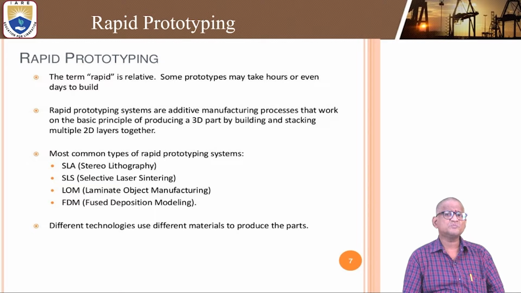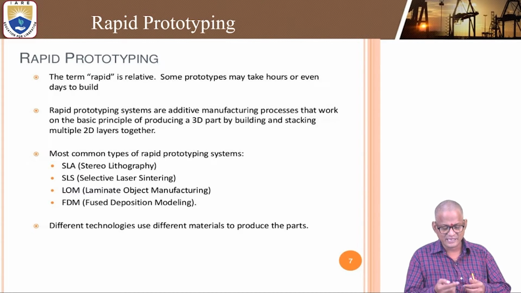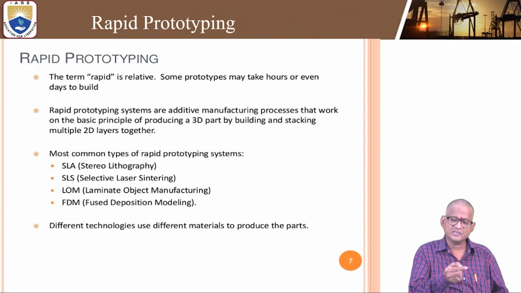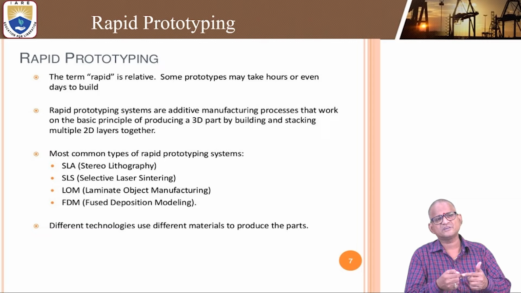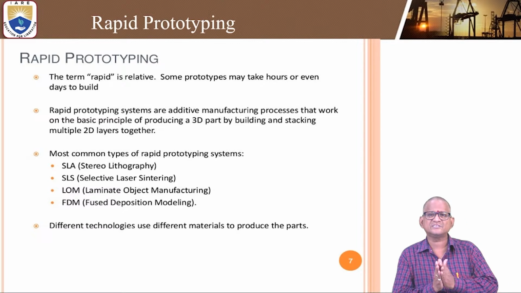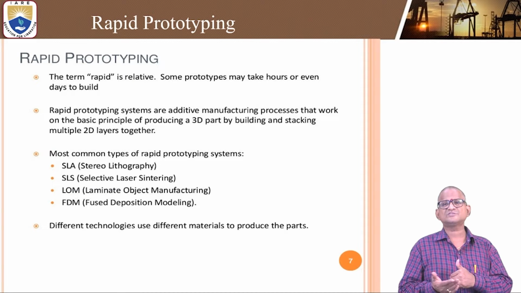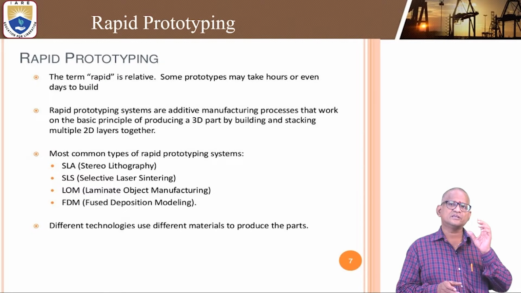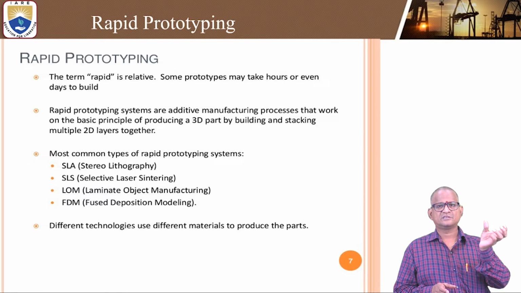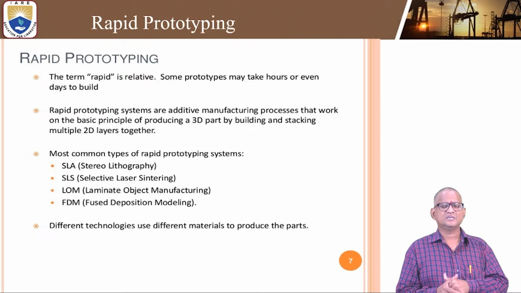Rapid prototyping systems are additive manufacturing processes, that is, adding material. Additive manufacturing, rapid prototyping or 3D printing all come under the same terminology, but depending upon the technology and advanced usage, the terminology changes. Initially rapid prototyping, then 3D printing, now additive manufacturing.